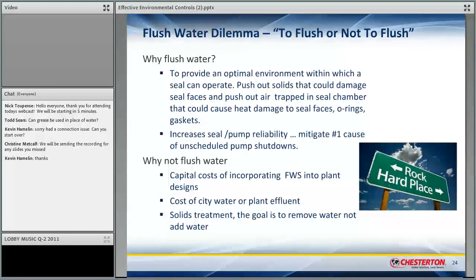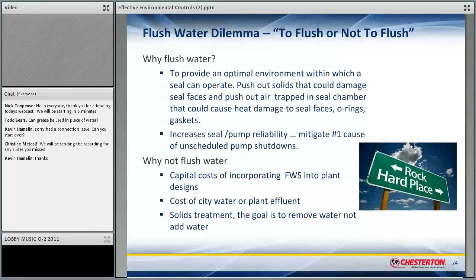So we've got a bit of a flush water dilemma. To flush or not to flush? Why do we use flush water? We want to provide an optimal environment in which a seal can operate. We want to push out those solids we were talking about that could potentially damage seal faces. And we want to push out air trapped in the seal chamber that can cause heat.